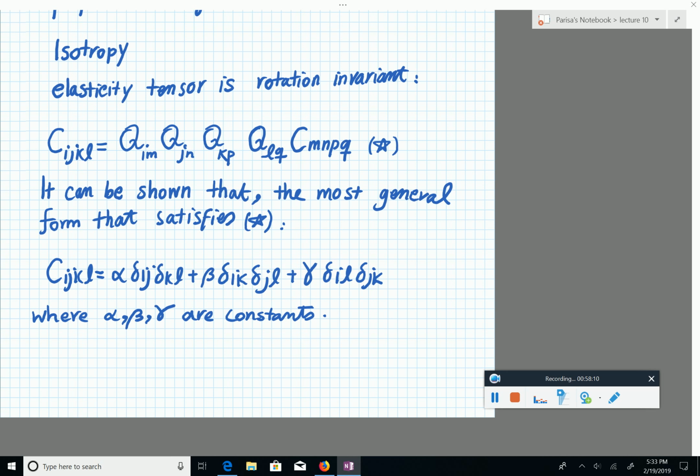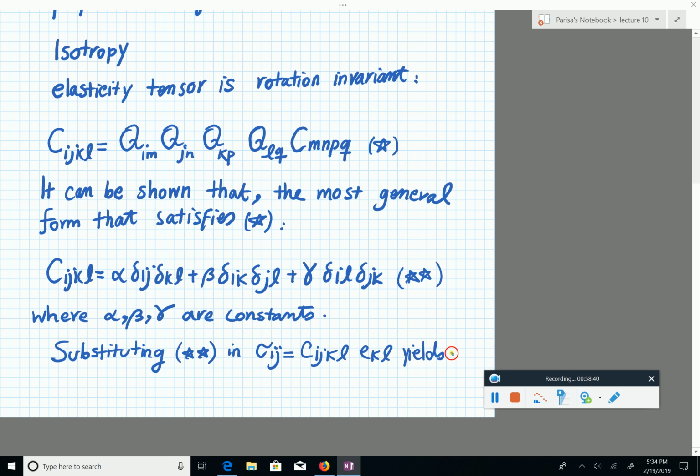Right. Now, substituting this equation in sigma_ij, so we limit ourselves in this class to isotropic materials.